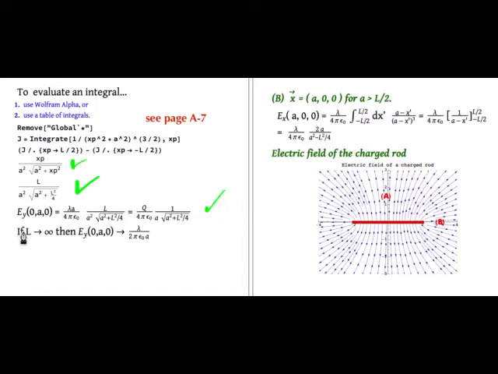Now it'll be interesting to look at the limit when L goes to infinity. Remember, L was the length of the rod. We were looking at the electric field at this point. If L goes to infinity, then this finite rod becomes an infinite line of charge.